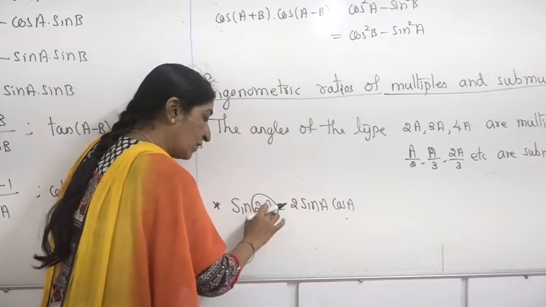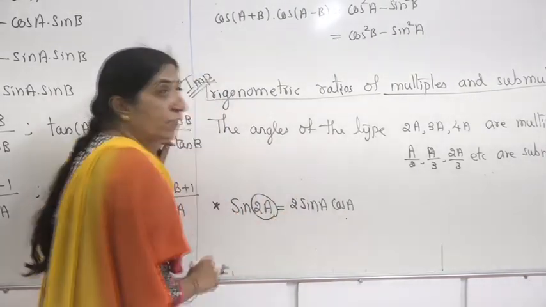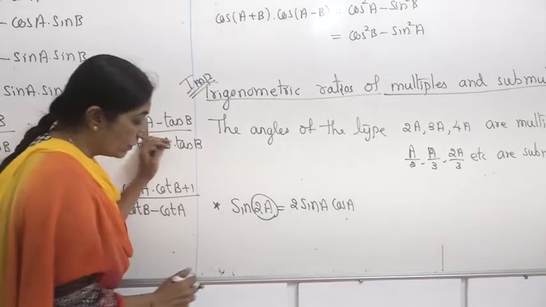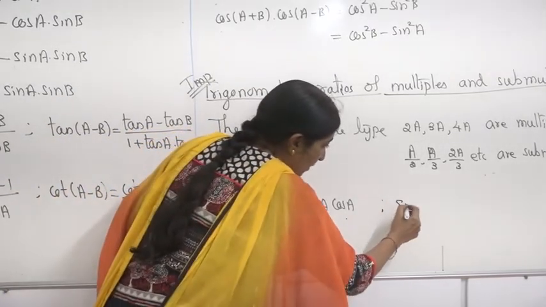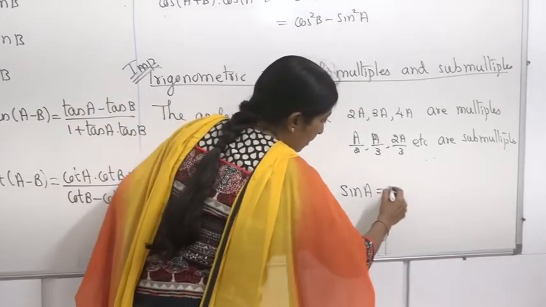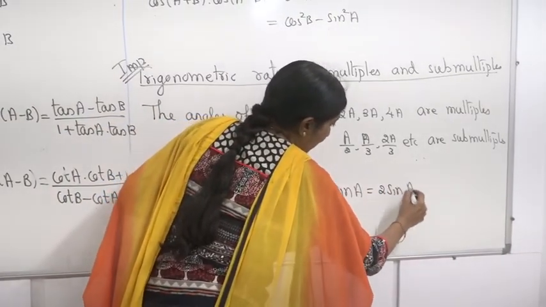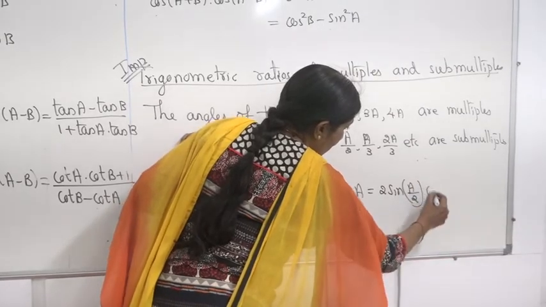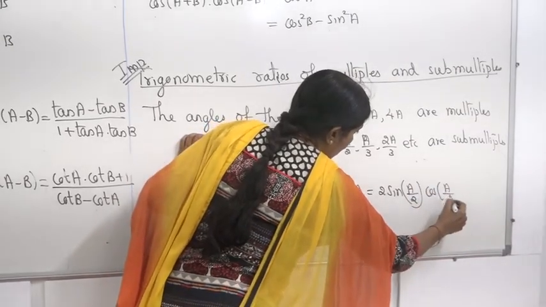Yes. Whatever the angle, we write half of that. And exactly opposite, if the angle is A, it will be written as 2 sin(A/2) cos(A/2).